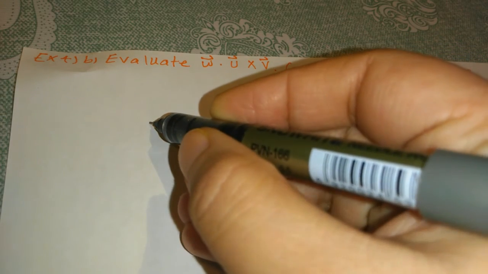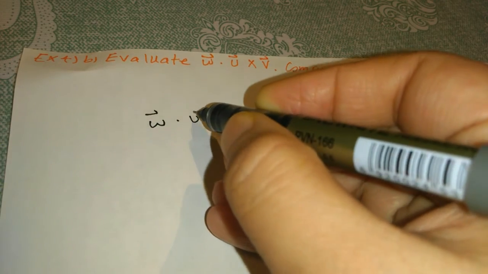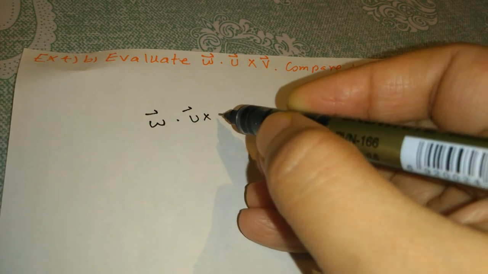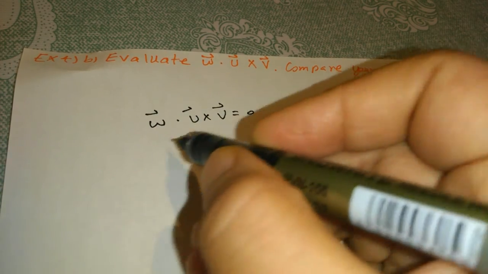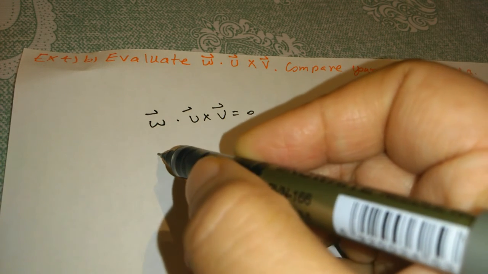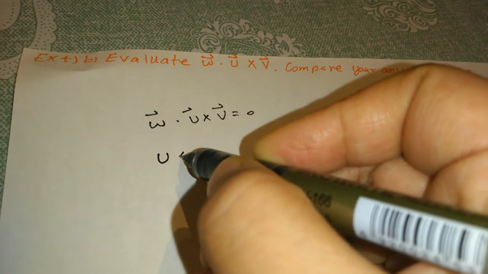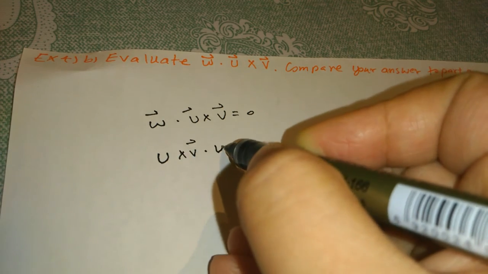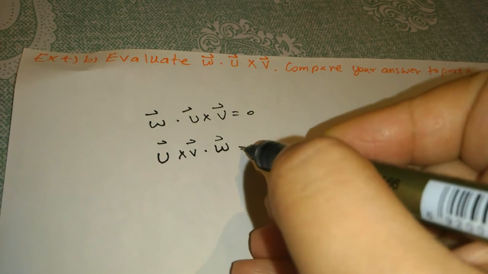And the next question, I want to do W dot U cross V. Again, the same thing, you just do that. And let's say I did that, and the answer is 0. Compare it to the previous one, which was U cross V dotted with W. That was 0 too.